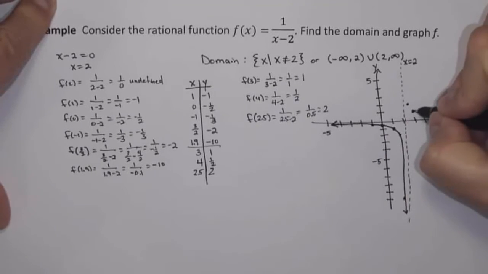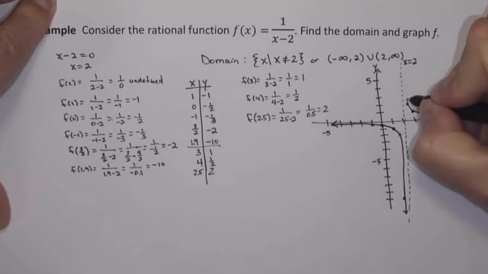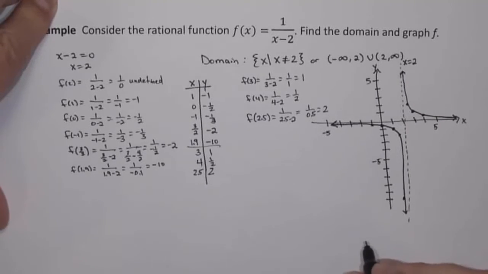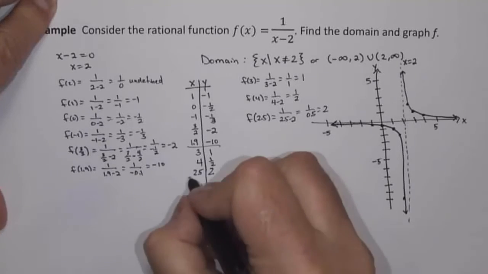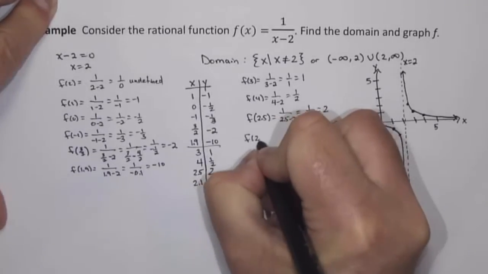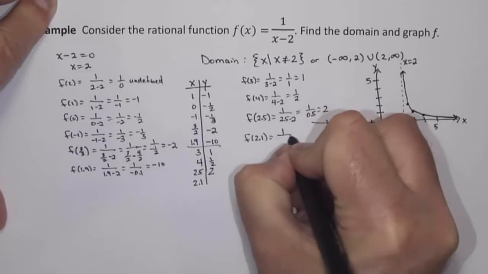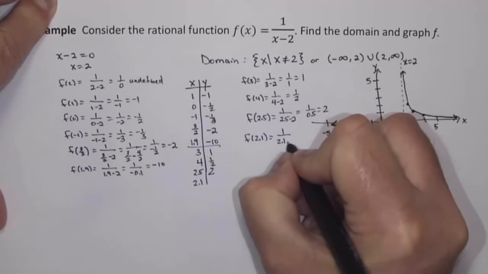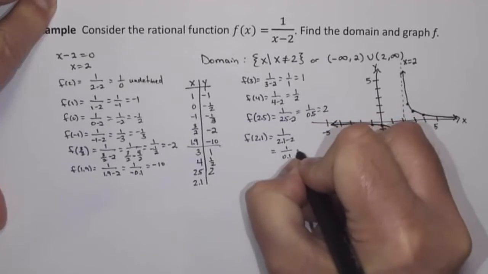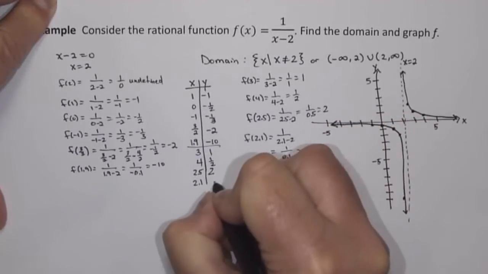So this graph is doing the same kind of thing over here. It's turning and it's getting closer and closer and closer to that vertical asymptote. Like for example, if I were to let x be, say, 2.1, then f of 2.1 would be 1 over 2.1 minus 2, which would be 1 over 0.1, and 1 divided by 0.1 would be 10.